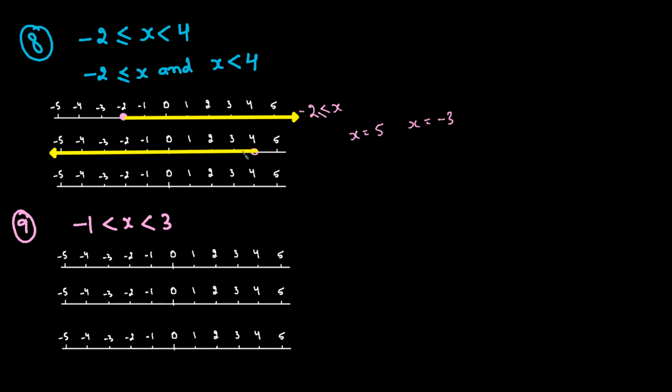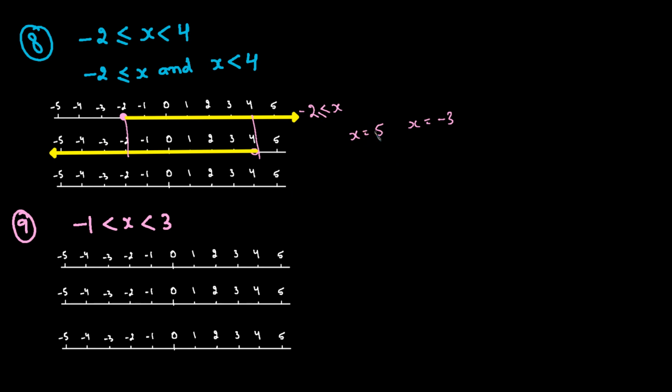For this inequality, we can find x is equal to -3, but not for this one. So our solution is all the possible values of x bounded by -2 and 4. So our solution is between these points. Okay, -2 and 4.